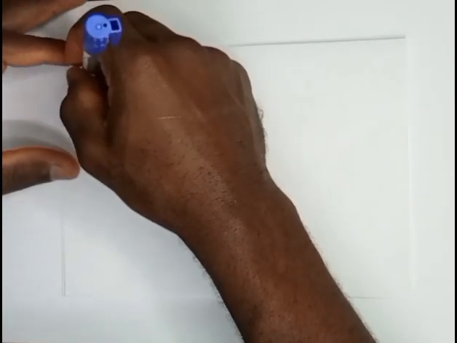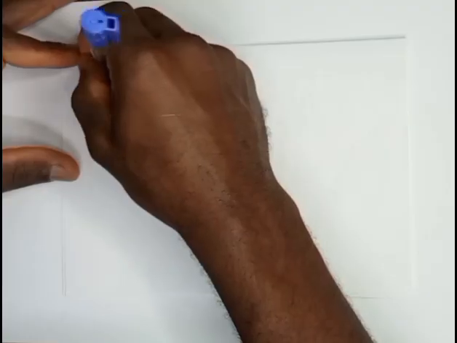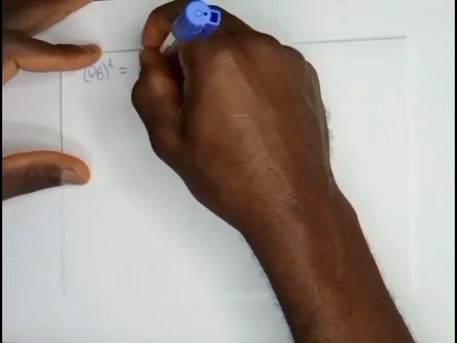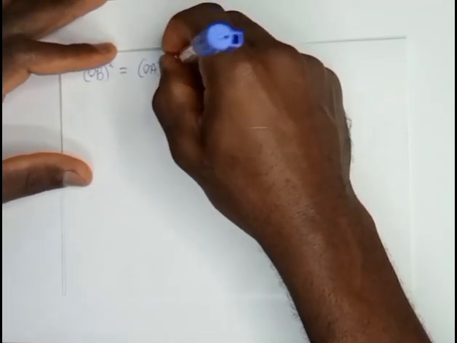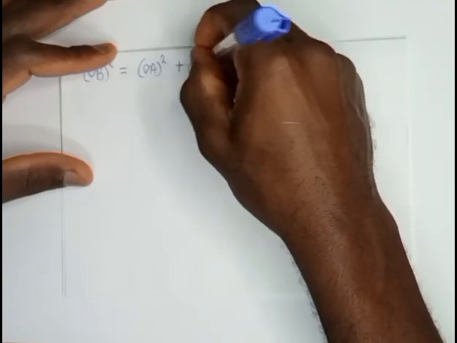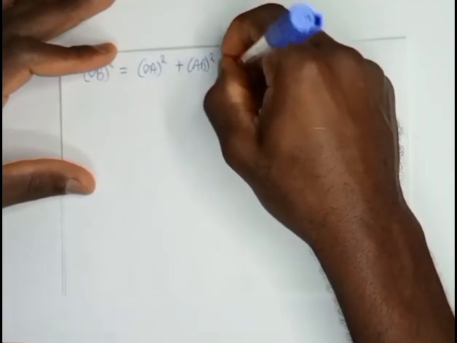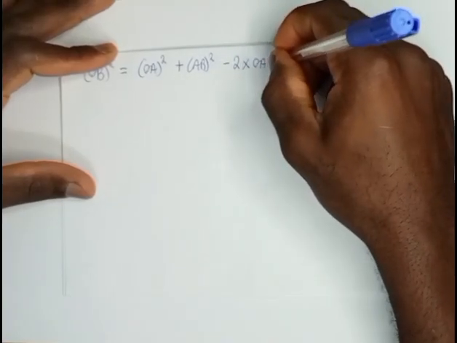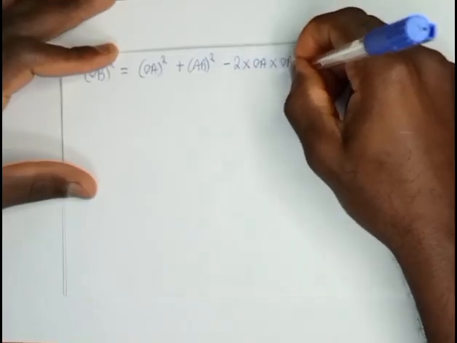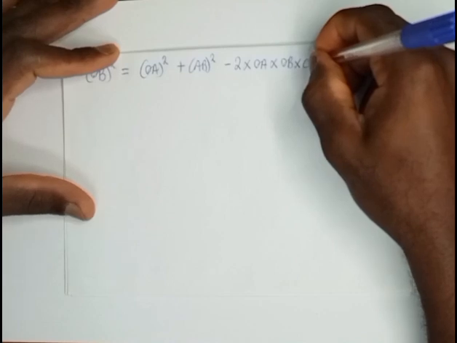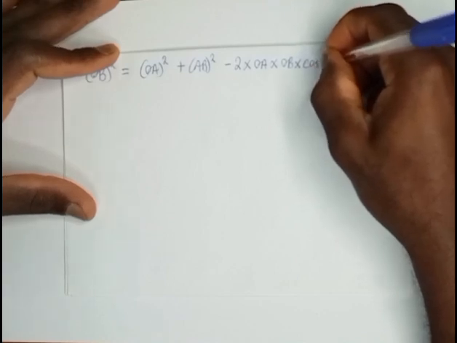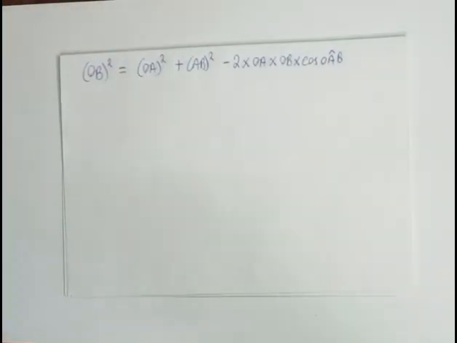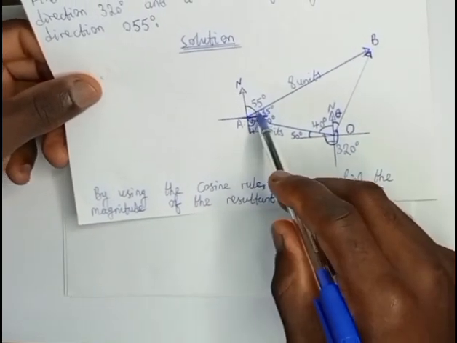So this will give us OB squared equal to OA squared plus AB squared minus 2 times OA times AB times the cos of OAB, this angle.